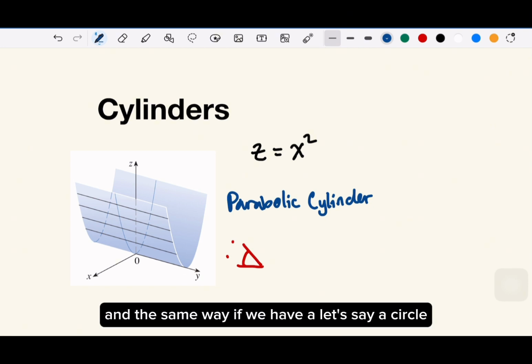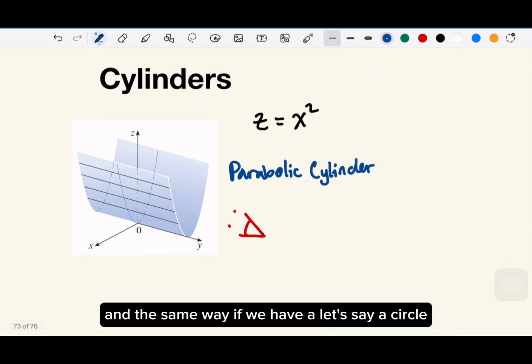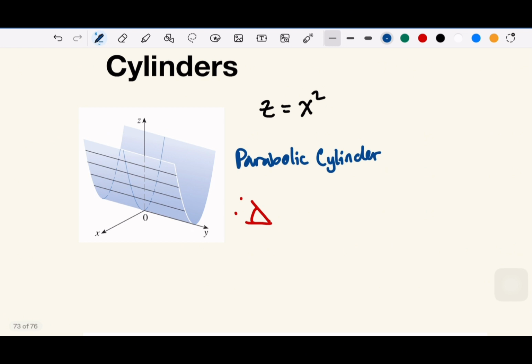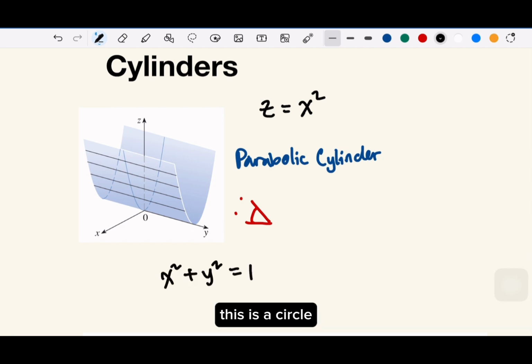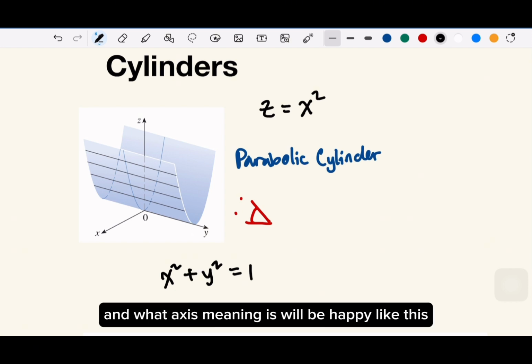And the same way, if we have, for example, a circle, x squared plus y squared equal 1, this is a circle with radius 1. So a circle in the x-axis and y-axis.